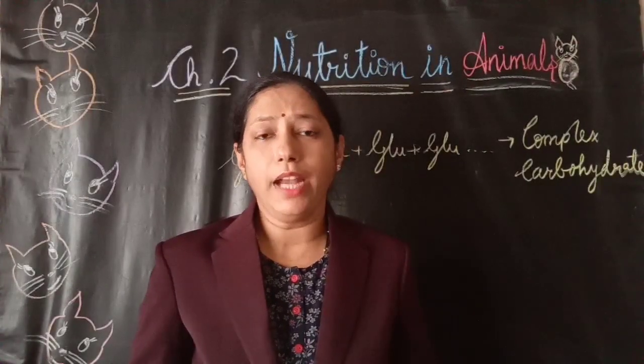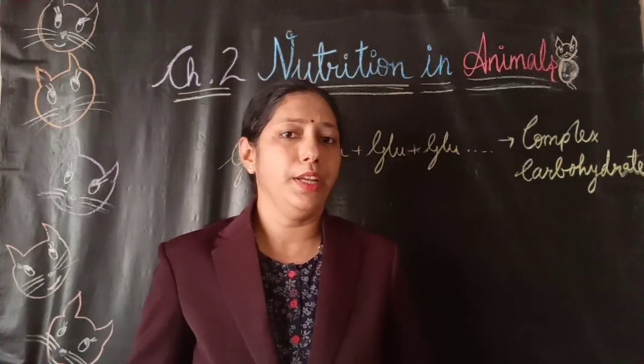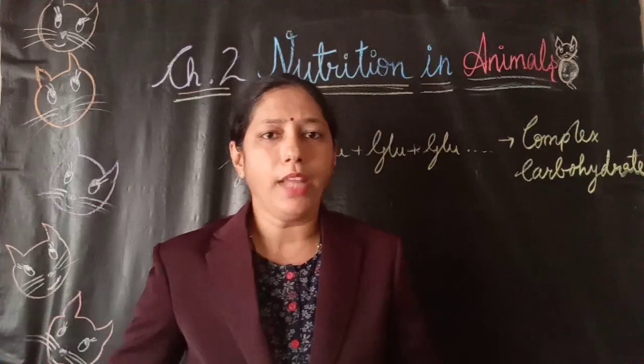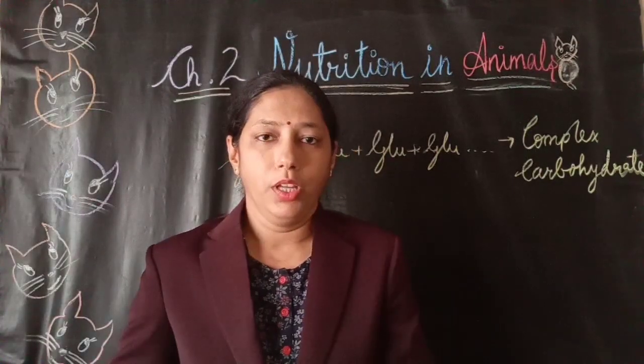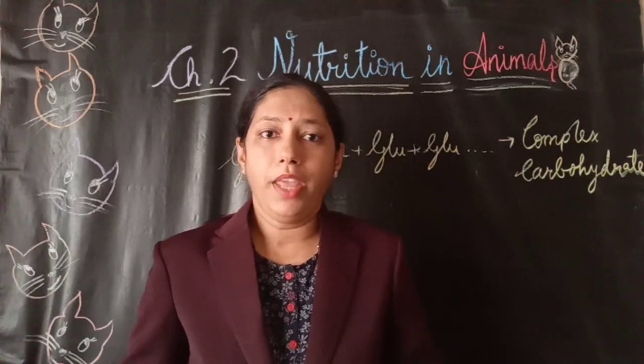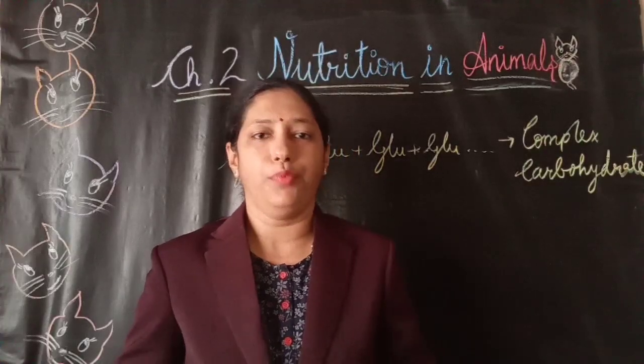We also learned that nutrients are present in the food and these nutrients are needed by the body. But the body cannot take these nutrients directly from the food because these nutrients are in the complex form. They are complex substances and they cannot be taken directly from the food.